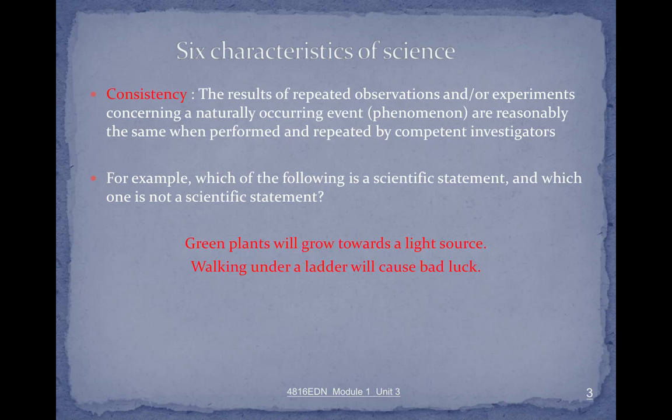We could probably do experiments with green plants and repeat those and see if our results are pretty much the same if they're performed by different people at different times in different environments. Whereas walking under a ladder will cause bad luck. Well, we'd have to define what bad luck is. Could we test that? Could we repeat that and get the same types of results? Probably not. So the first is a scientific statement and the second isn't.